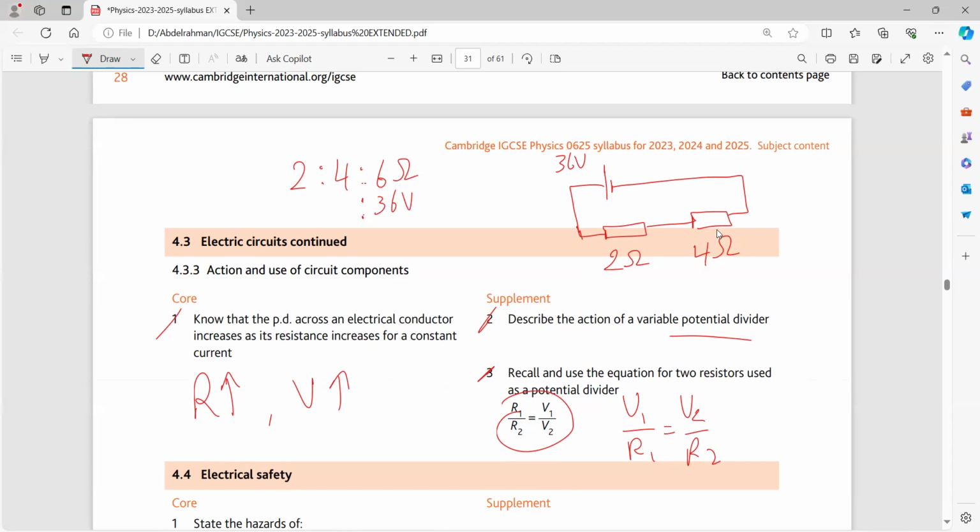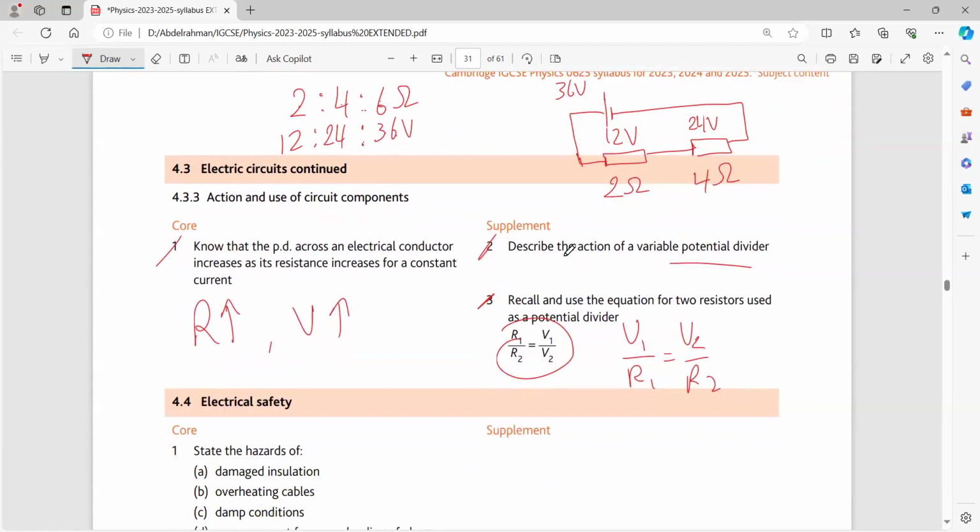So we can easily cross multiply. 4 times 36 divided by 6 is 24 volts, so the 4 ohm resistor will receive 24 volts. 2 times 36 divided by 6 is 12 volts, so the 2 ohm resistor will receive 12 volts of potential difference. This is the concept of a potential divider.